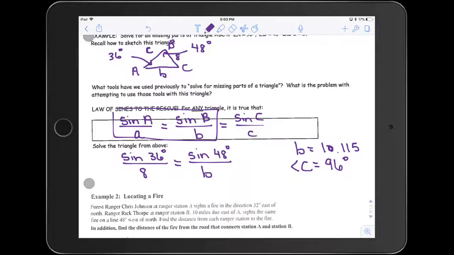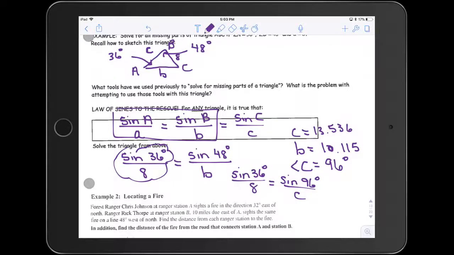So I can just use this part right here again, sine of 36 degrees over 8 equals sine of 96 degrees over side C. Cross multiply, and you'll find your value, which I'm running out of space here, is 13.536. So this is definitely a review, but just make sure you've got it all under control as far as the mode in your calculator and that you're able to set it up.